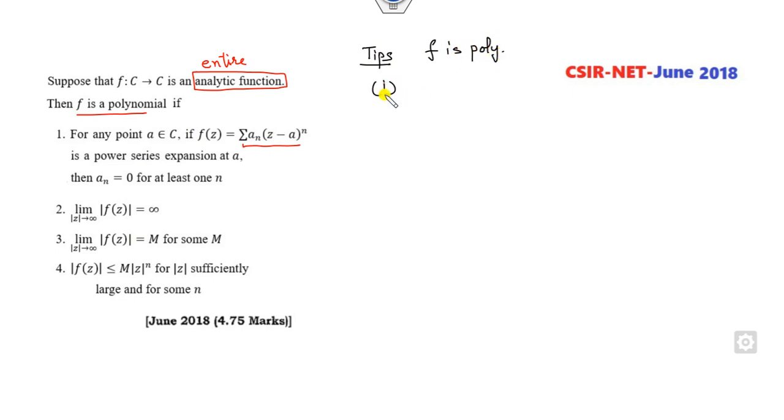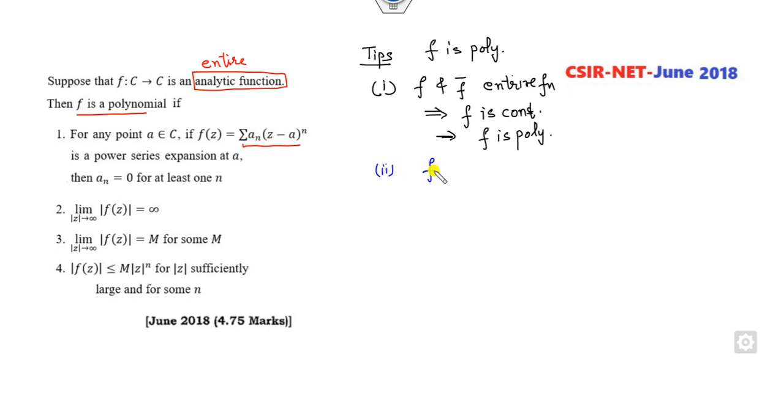If you prove that f and f dash are entire functions, then f is constant, and every constant function we know is a polynomial. That is one way. The second way is, if you prove that f is an entire function and its singularity is a pole, then it is a polynomial. These are two ways you can prove any function to be a polynomial.